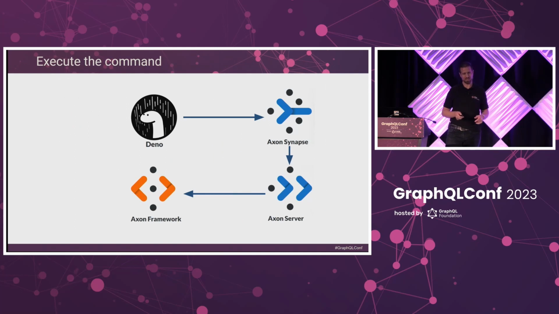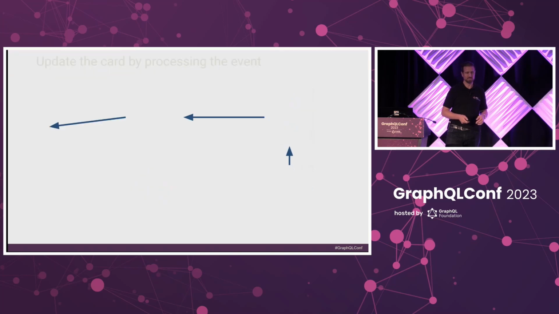So this is the data flow when you're executing a command. From the Deno application, it will send JSON over HTTP to Axon Synapse. That will send it to Axon Server. Axon Server then knows, hey, I have this Axon framework application that says it can handle this kind of command. That will send back that it's okay.